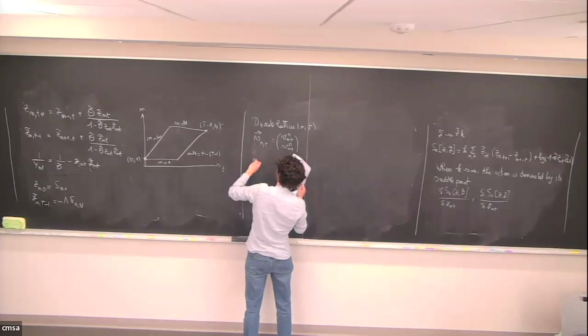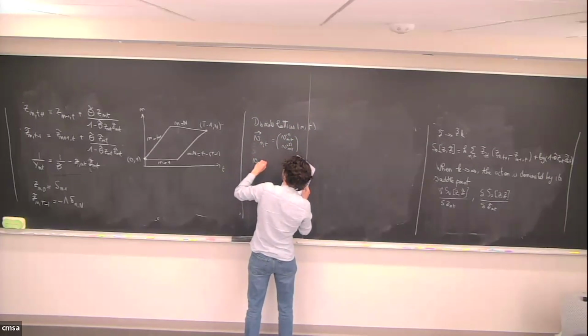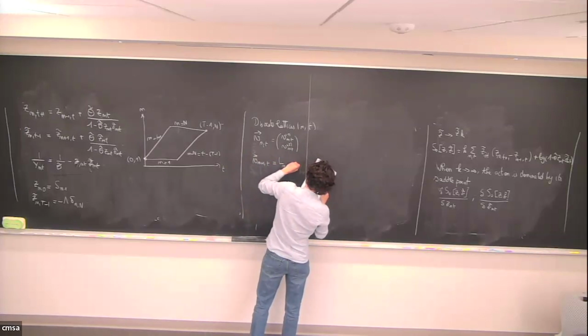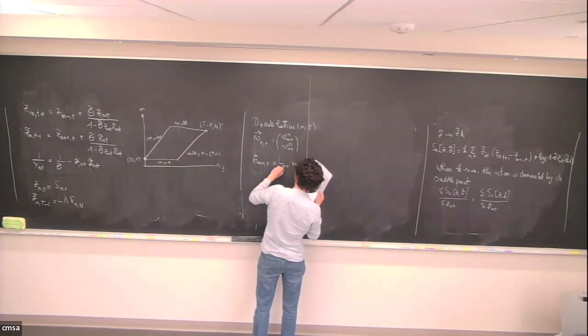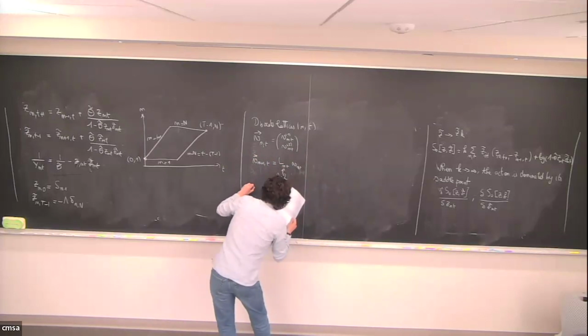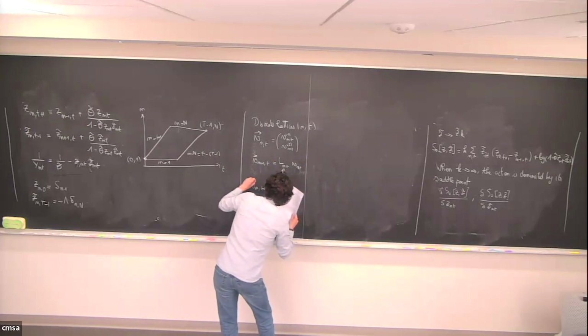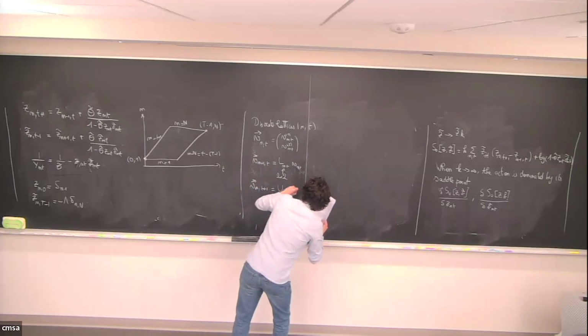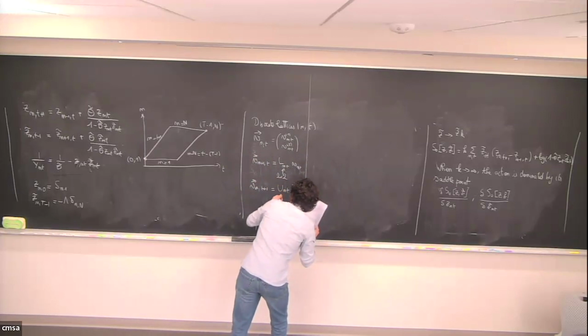I'm going to define a recursion v n plus 1 of t equals a certain L n of t v n of t. So L n will be a 2x2 matrix. And v n t plus 1 is equal to another matrix U n t v n t. So U again will be a 2x2 matrix.